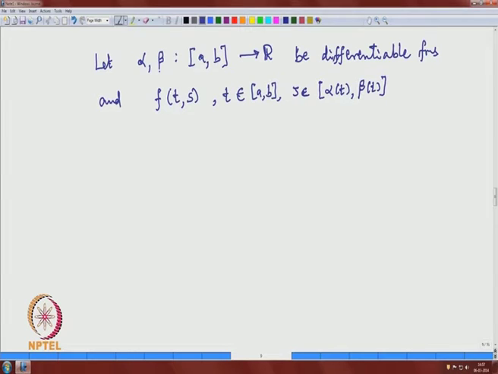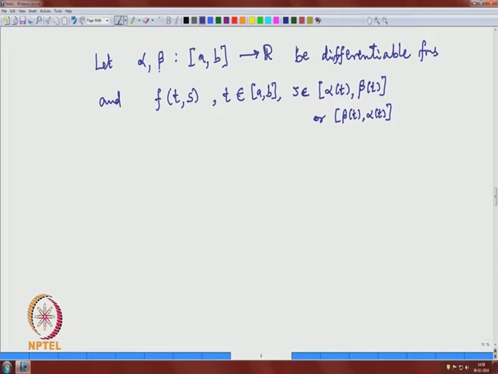So, if beta(t) happens to be less than alpha(t), then you interchange them. So, there is no restriction on the values of alpha and beta. At some t alpha(t) can be less than beta(t), at some other t beta(t) can be less than alpha(t), that does not matter.